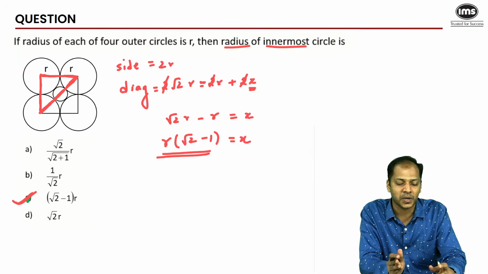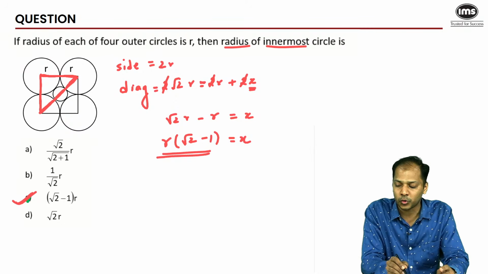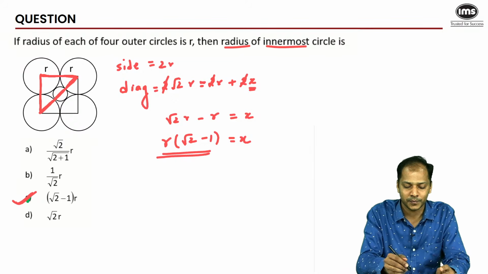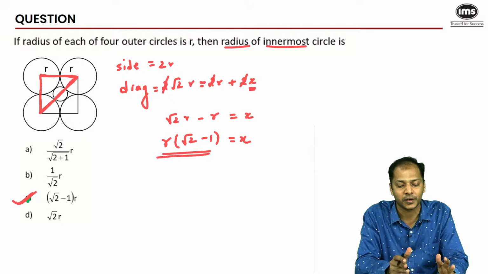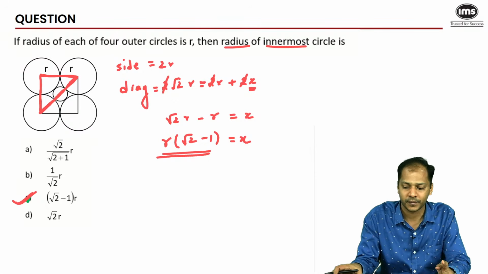Here this one was pretty easy, pretty straightforward. Sometimes when root 2 plus 1 and root 2 minus 1 are involved, rationalization of denominators might be involved, but here it was in the numerator itself. Okay, let's go ahead.